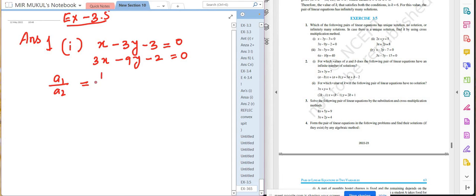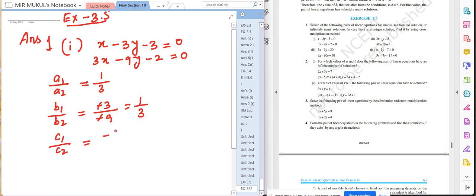Coefficient of x, so here 1 by 3. Acha. b1 by b2: minus 3 by minus 9. Minus minus cancel. 1 by 3. c1 by c2: minus 3 by minus 2.